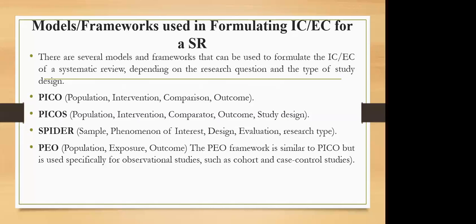Now you see them using the wrong model for their inclusion and exclusion criteria. When you use the wrong model, it might bring bias to the study, because the wrong model will not show the appropriate components for the study.